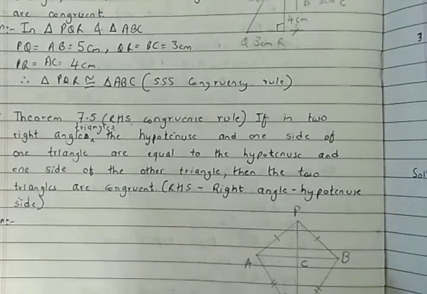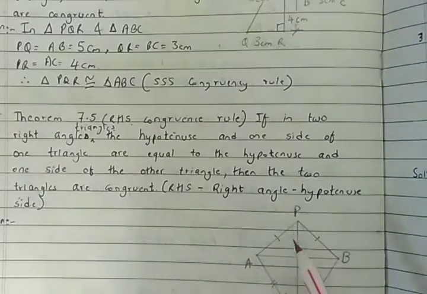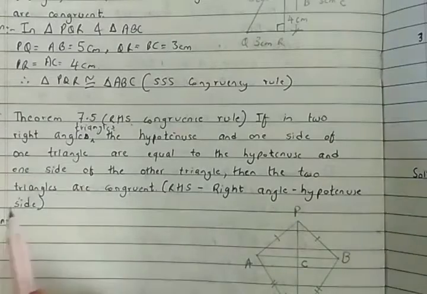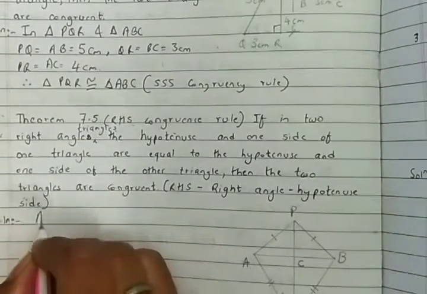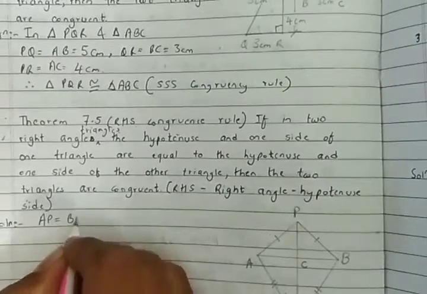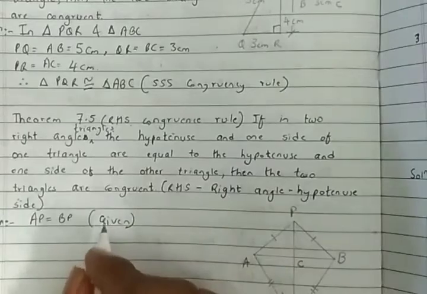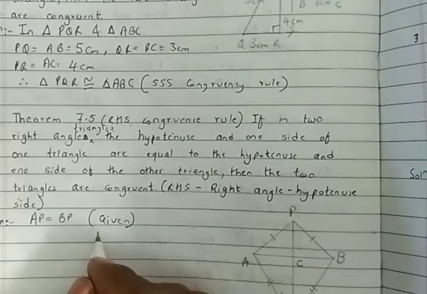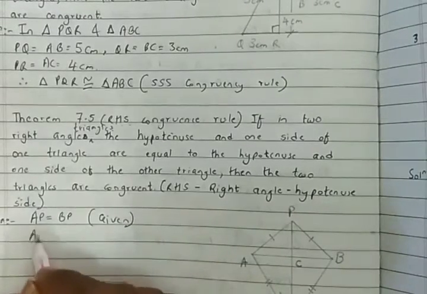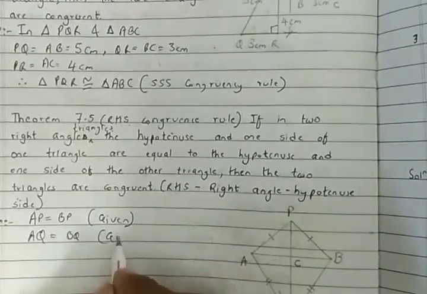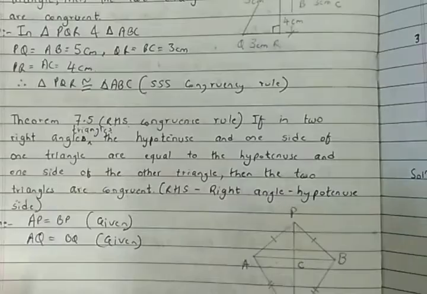Now, for example, if we take these two triangles PAQ and PBQ, here what information is given? AP equal to BP, this is given. And AQ equal to BQ, this is also given.